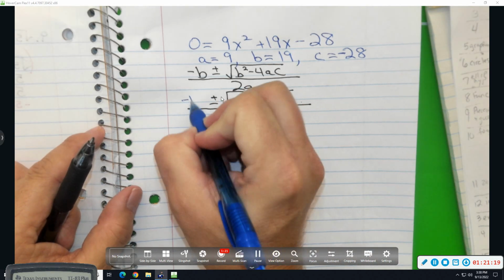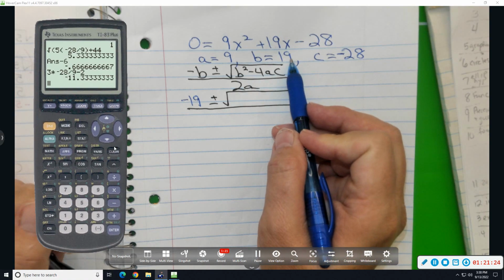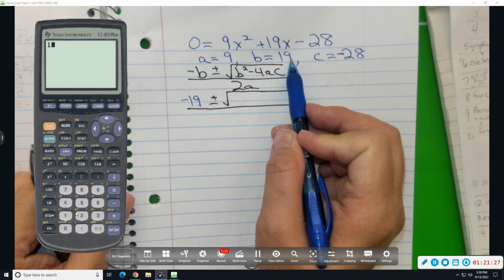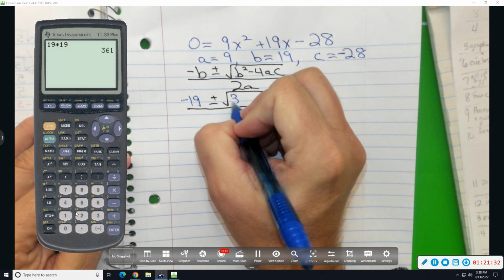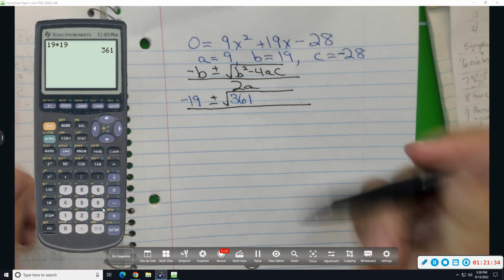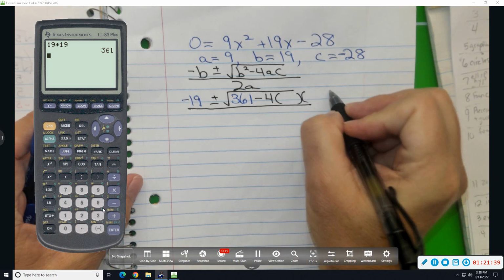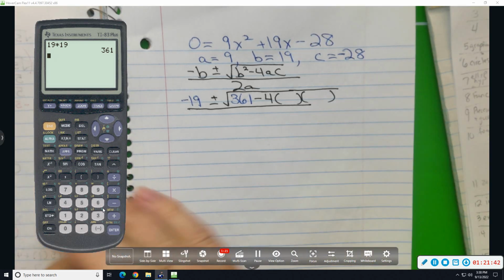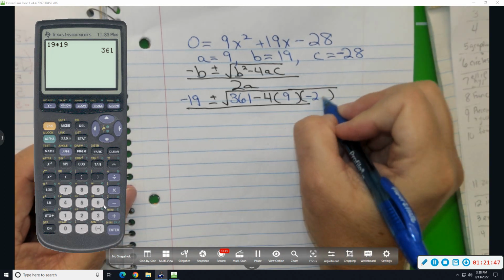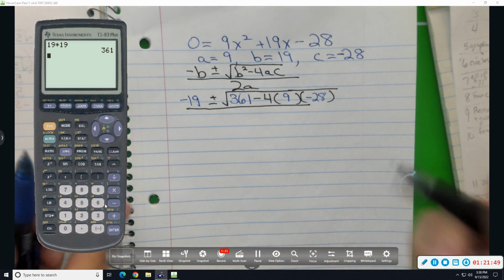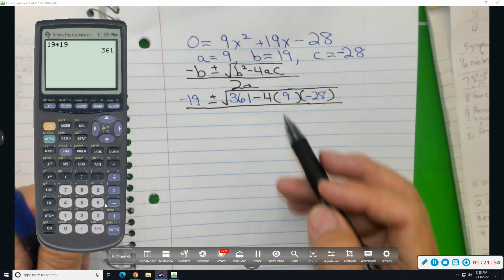Negative 19. Plus or minus the square root of b squared. You take 19 times 19, that's going to give you 361. Minus 4 times a times c. a is 9. c is a negative 28. All over 2 times a. 2 times 9, what, 18.